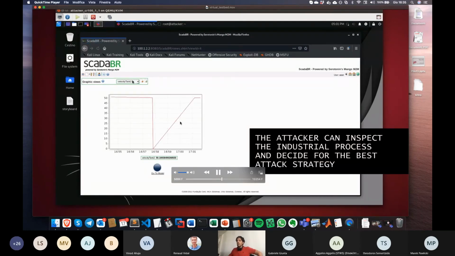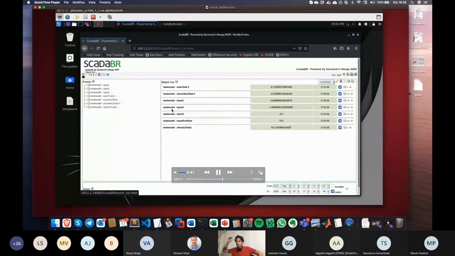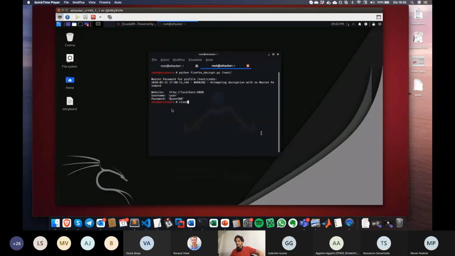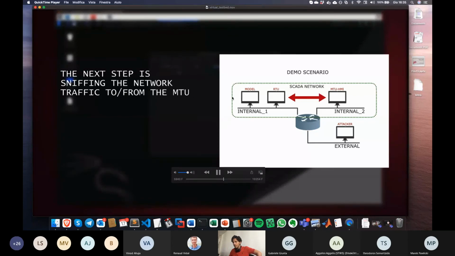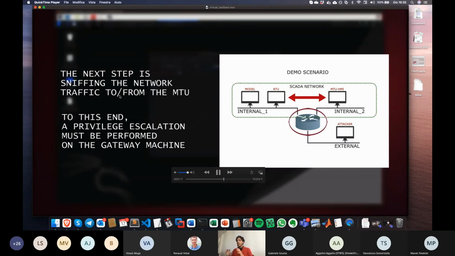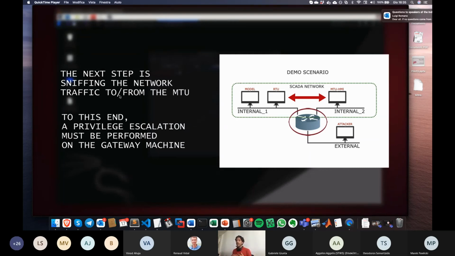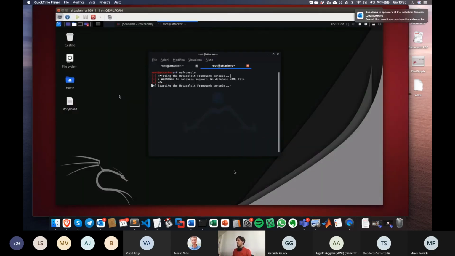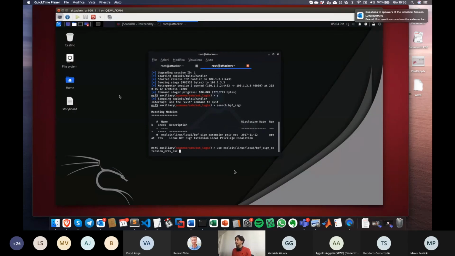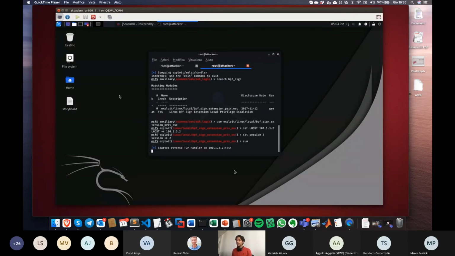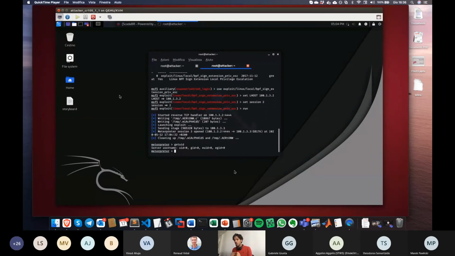So here he can, for example, monitor the status of tanks and everything. And now he can sniff the network. In order to do that, the important aspect is to escalate the privileges of the user.